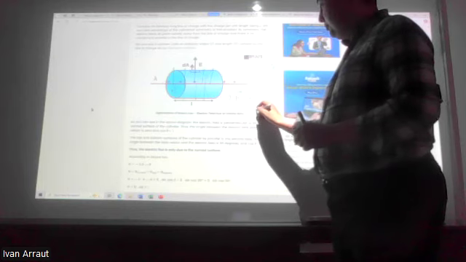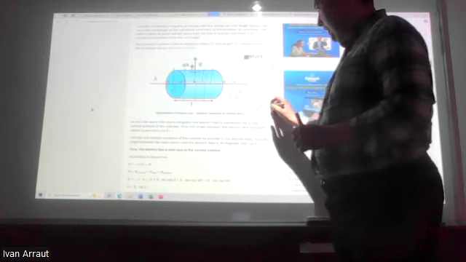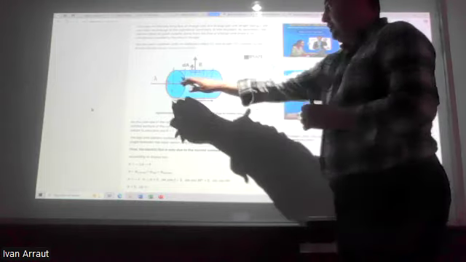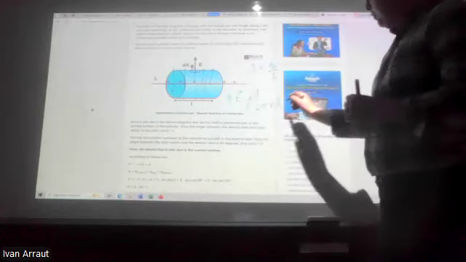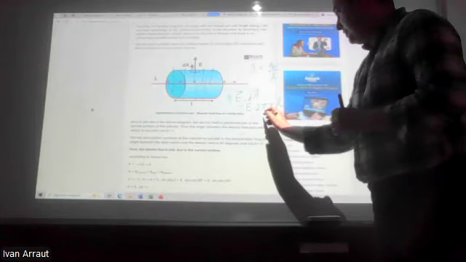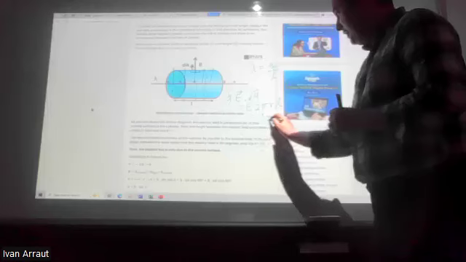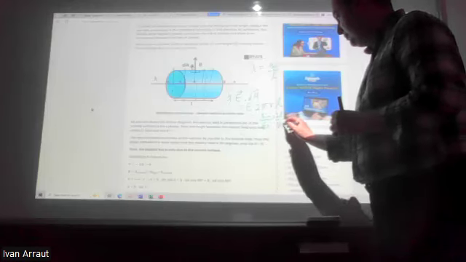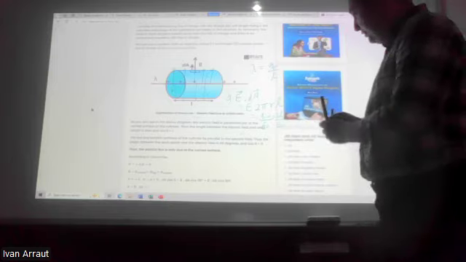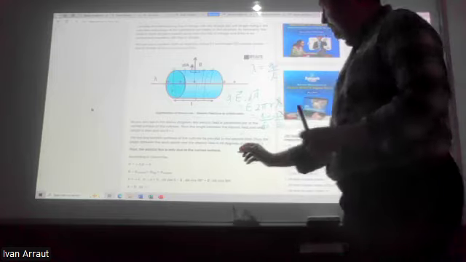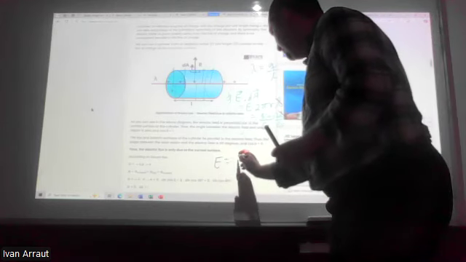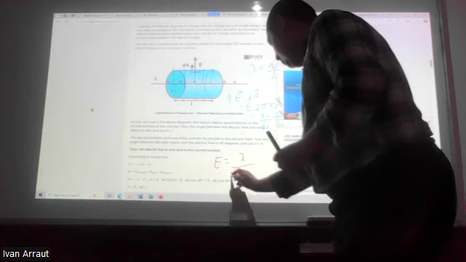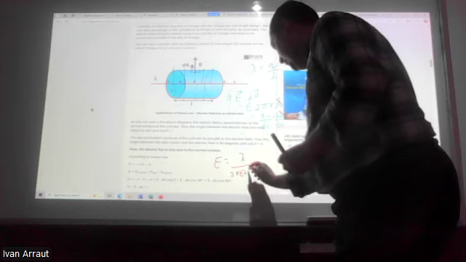It is 2 pi r, no? Multiplied by the length L is equal to what? Total charge divided by epsilon 0. Well, the total charge is lambda multiplied by L. So these L's cancel, and at the end you obtain that the electric field is lambda divided by 2 pi epsilon 0 r.